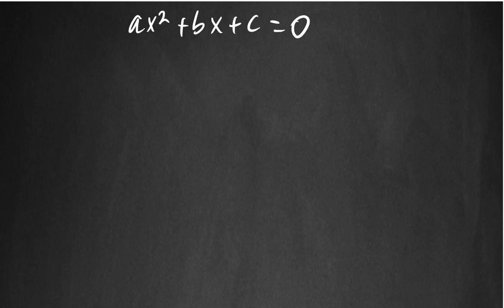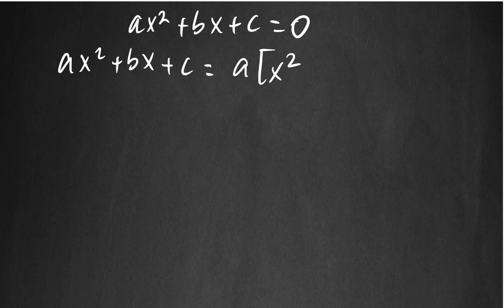I can factor this first part. So we can say ax squared plus bx plus c is equal to a factor times x squared plus b over a x plus c over a. So far so good. And then we use what we used before.